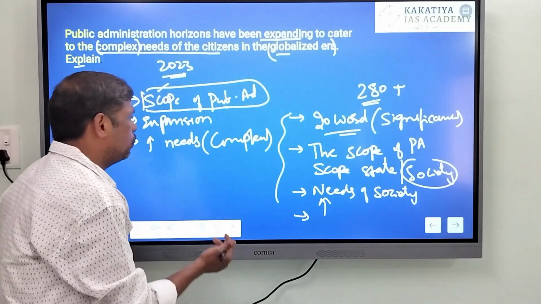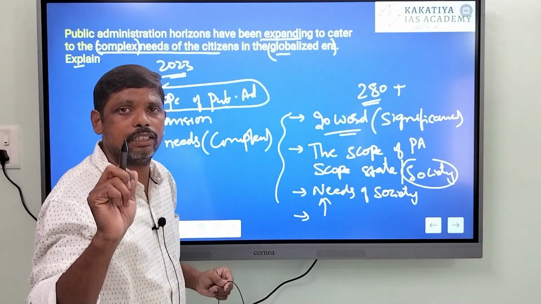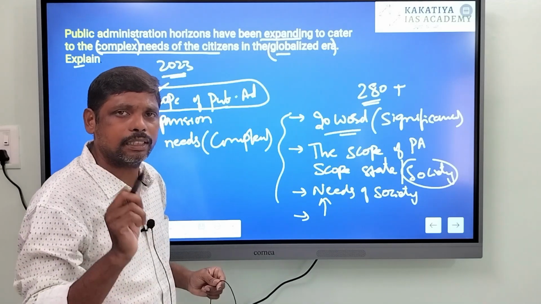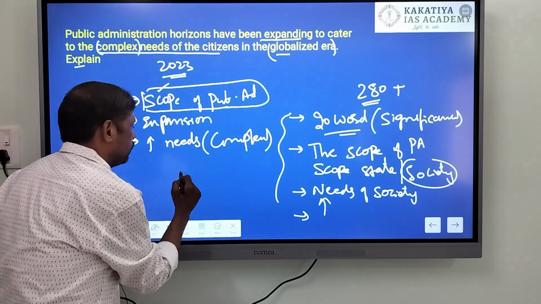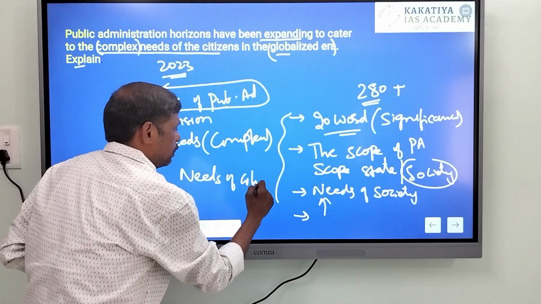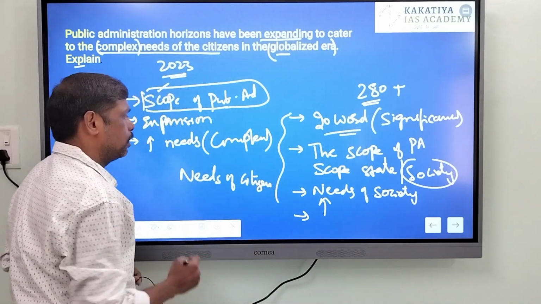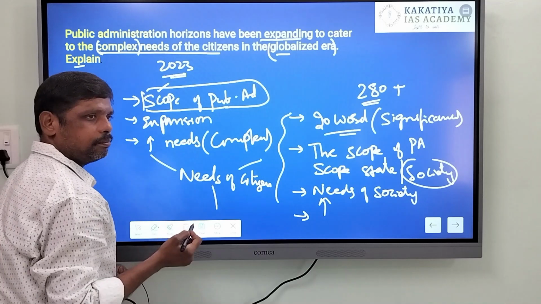Alright. So use some kind of charts. Remember, provide at least a simple diagram for answering this question. So when we are talking about the complex needs of citizens, what are the needs of citizens? Use three needs.